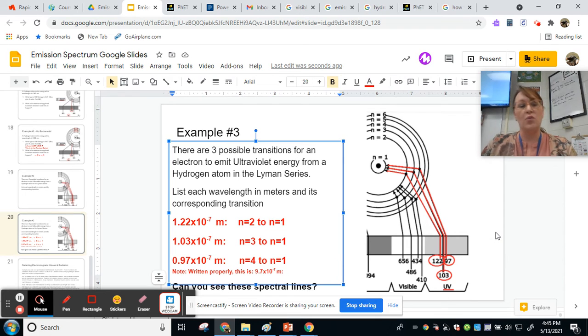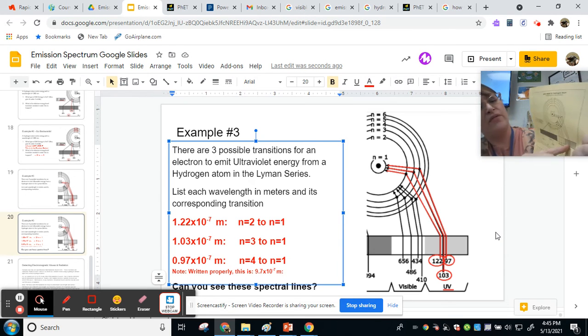So if I follow the 122 line up, let me find my 122 line. Where are you? There we are. We follow it up. Then I can see it starts at n equal 2, and then it transitions to n equal 1. So n equal 2 to n equal 1 is that transition. And then the next spectral line, the 103 spectral line, starts here at n equal 3, and it transitions to n equal 1.